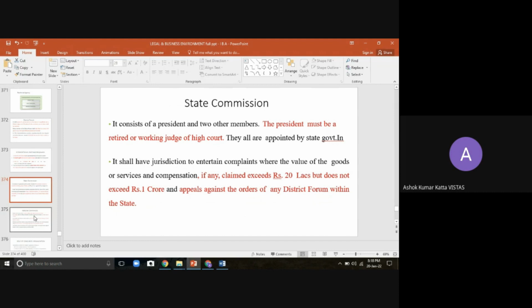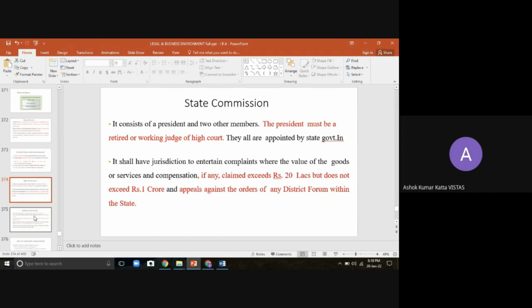Apart from this, it is just like regular courts. For example, the petitioner and respondent both have a problem, so they file a case at the district level court. The district level court has given a judgment favorable to the petitioner.